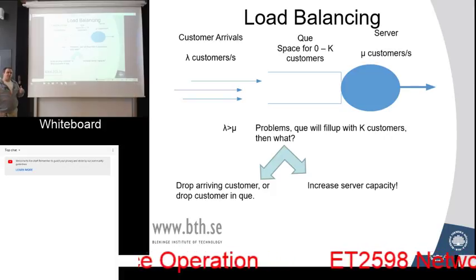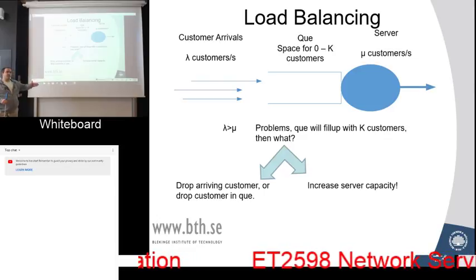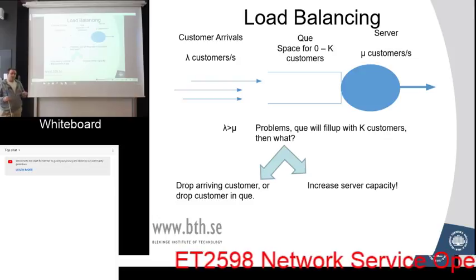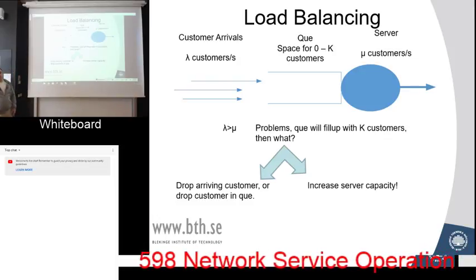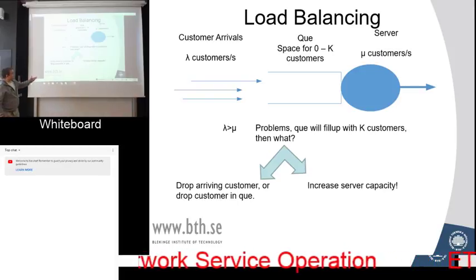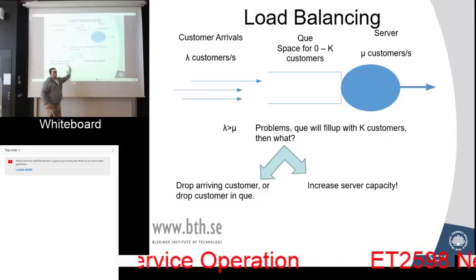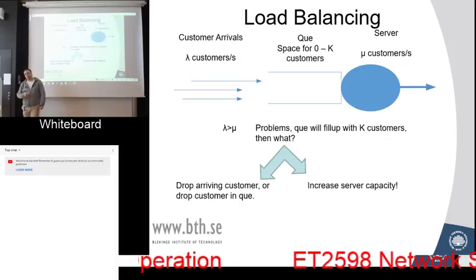And we keep on rejecting until we have serviced one customer, made one slot available, and then the next customer that arrives will get into the queue and we'll have to wait for 9 service units. We could also be nasty and just randomly drop a customer that is in queue, just rip them out of the queue and make room for one more.